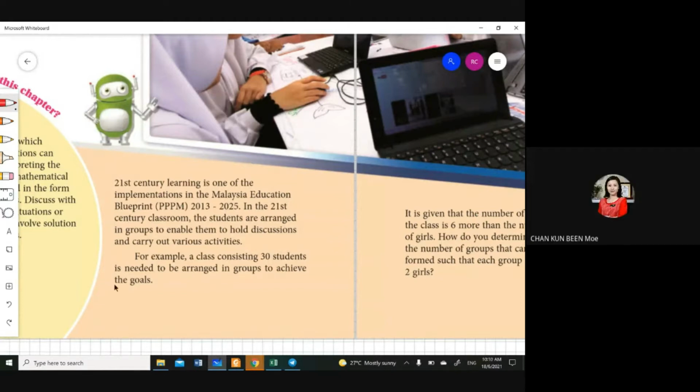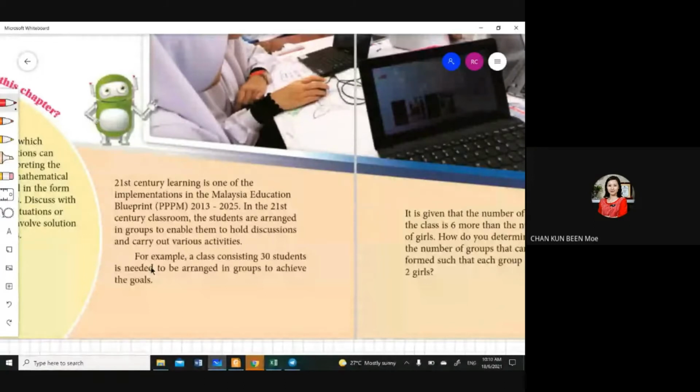Okay, thank you very much. So this is the blueprint of Malaysia from 2013 to 2025. The students are arranged in groups for discussion. For example, a class consisting of 30 students needs to be arranged in groups to achieve the goal. I'm sure you all did this in your primary school, right? You were divided into a few groups and then given a task to solve.